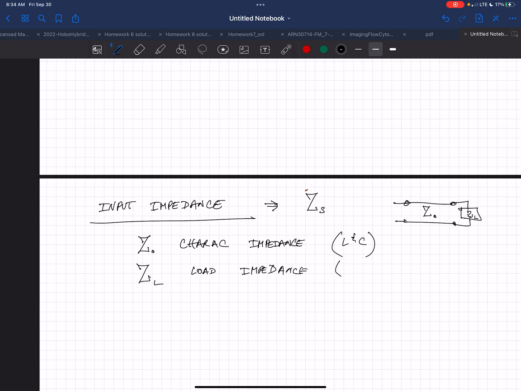The combination of that and the characteristic impedance gives the reflection coefficient at the end of the line.